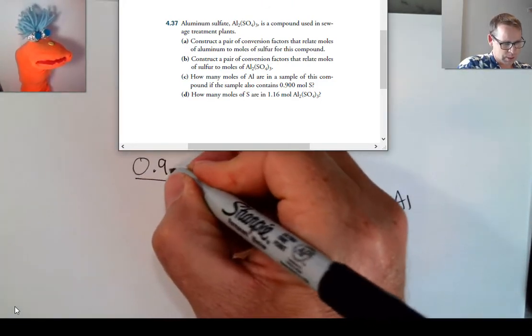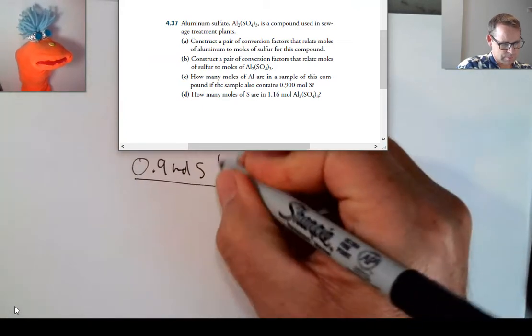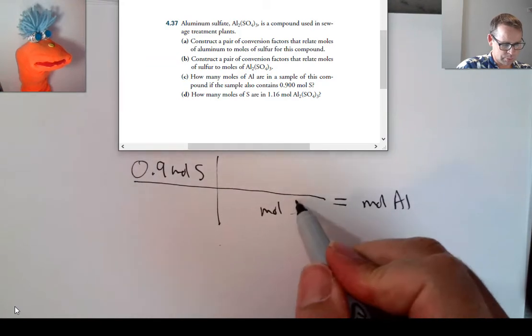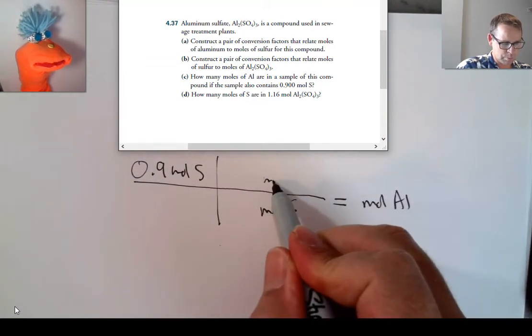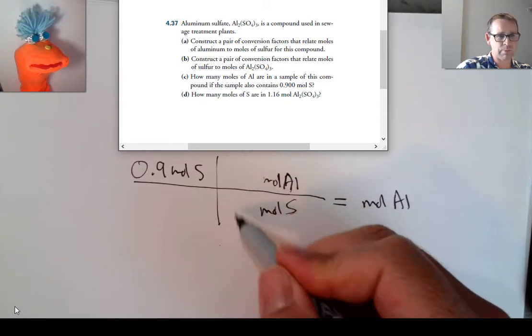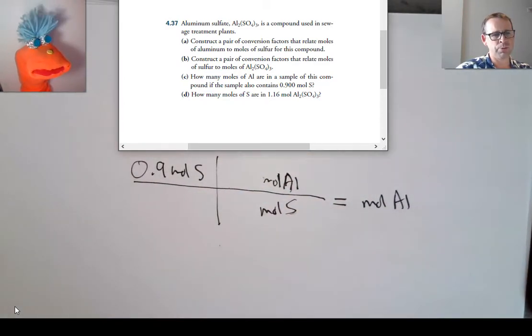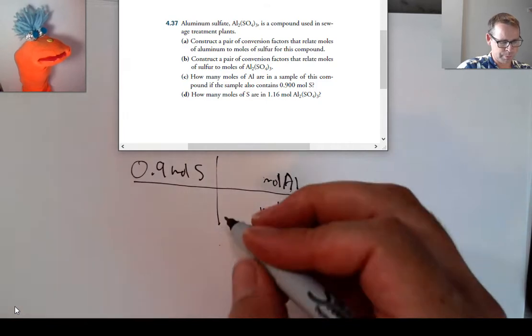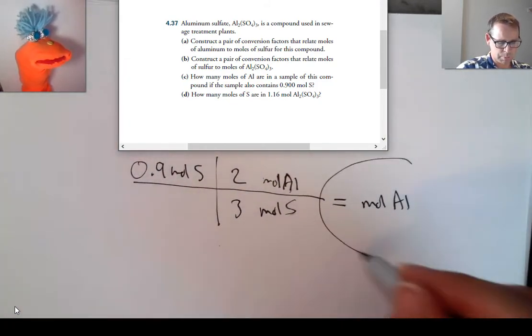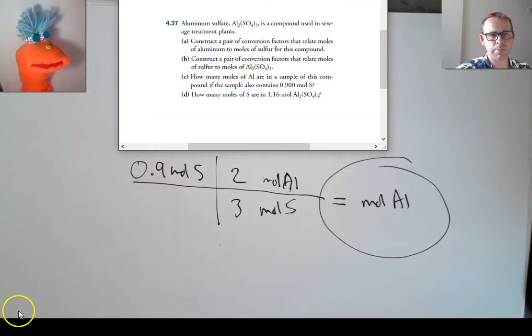Very good. They gave us 0.9 moles of sulfur. And now I need the moles of sulfur to drop out, and I need to go to moles of aluminum. Now what was my conversion factor? There's 3 moles of sulfur and 2 moles of aluminum. Very good. So 0.9 times 2 divided by 3 will be the moles of aluminum there.